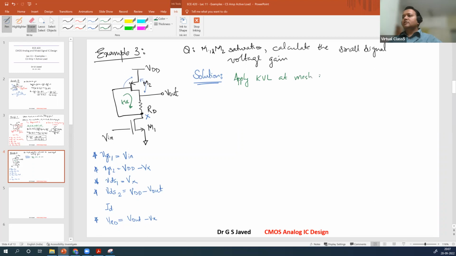At the mesh created by M2. What will that be? To start off with VGS. Right. So the current flowing through this one will be GM2 VGS1, which is V in.